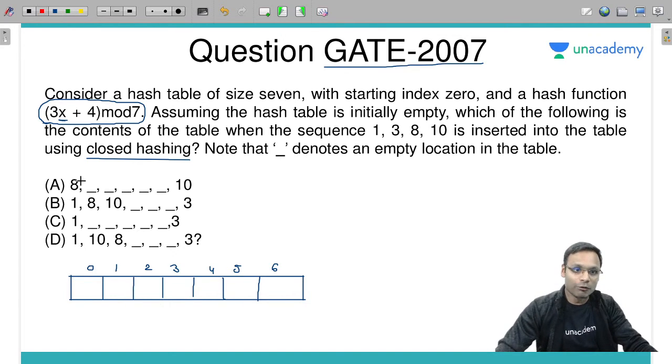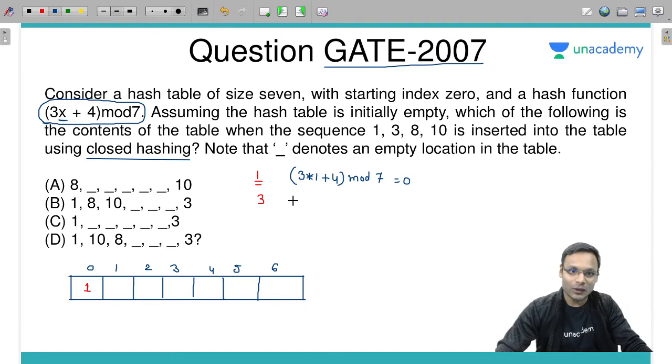Okay, now next, look at this. First of all, value 1. X value is 1. So for 1, what will be the key? 3 into 1, 3 plus 4, 7 mod 7. 7 mod 7 will give you 0. So at location 0, you can insert 1. Next key value 3.